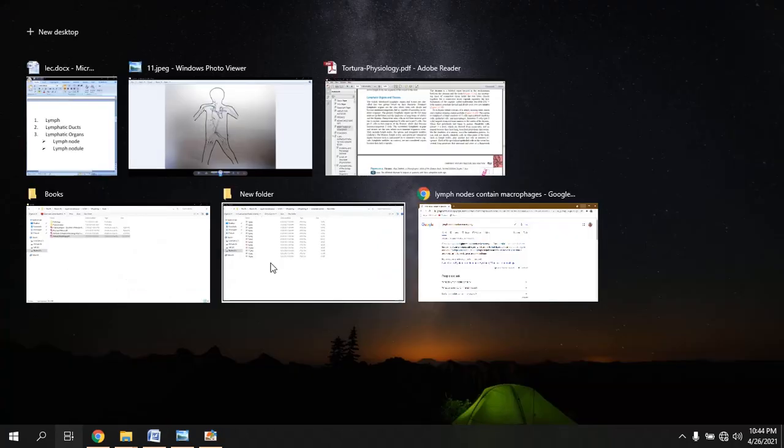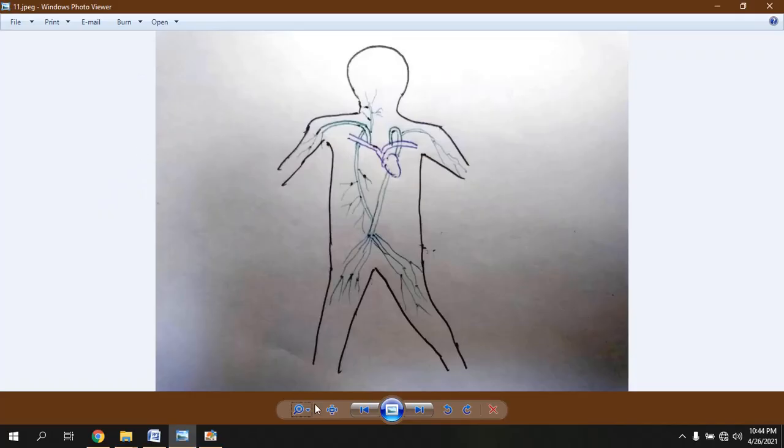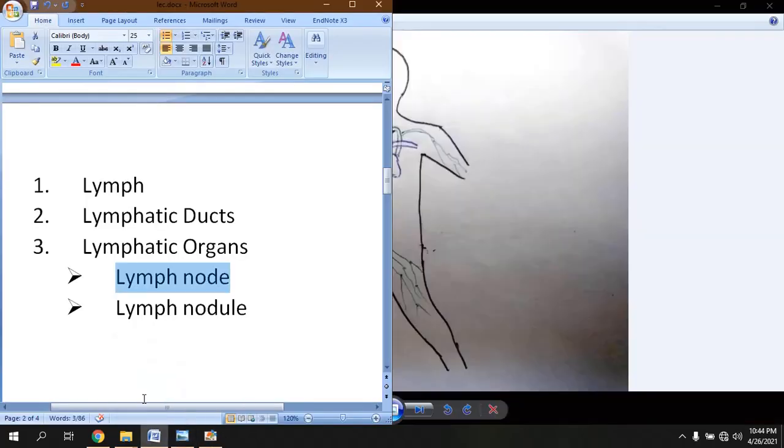And the lymph nodules are also responsible for what? Lymph nodules are also responsible for killing, for the defense mechanism of the body, but the lymph nodule is not surrounded by fibrous tissue.